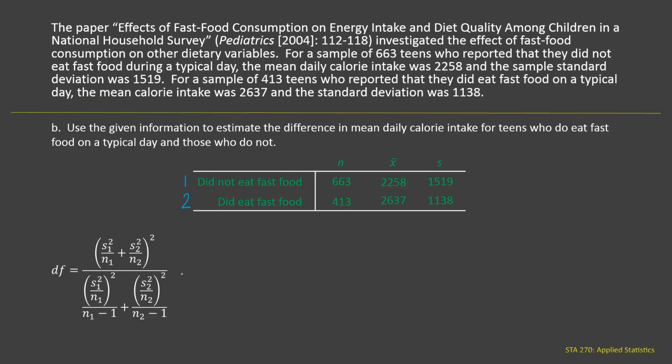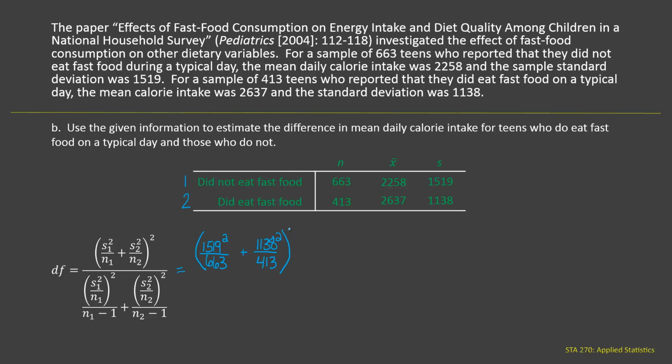So we're going to say s1 squared, so that's going to be 1519 squared divided by n1, the sample size of group 1, which is 663, plus s2 squared, which is 1138 squared divided by the second sample size, which is 413.